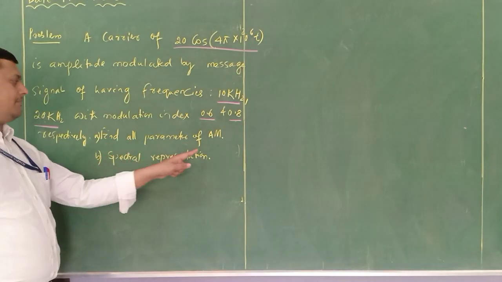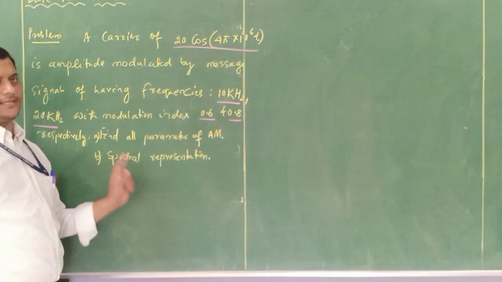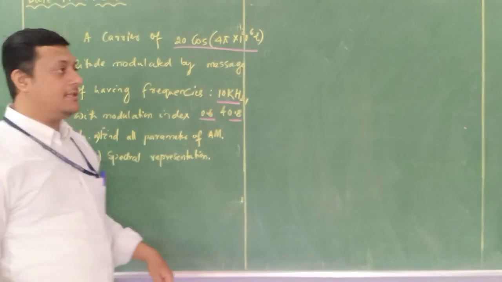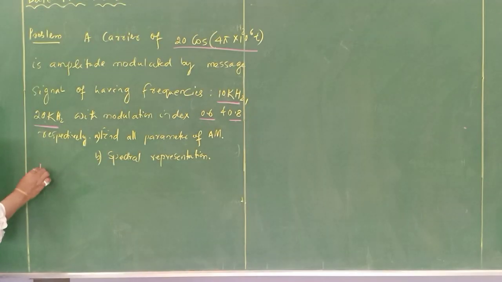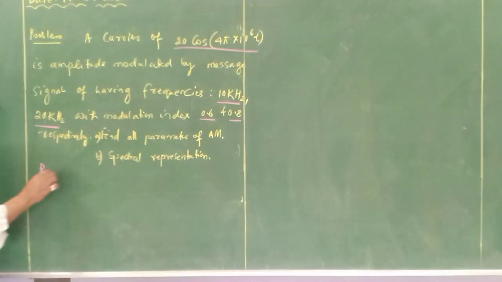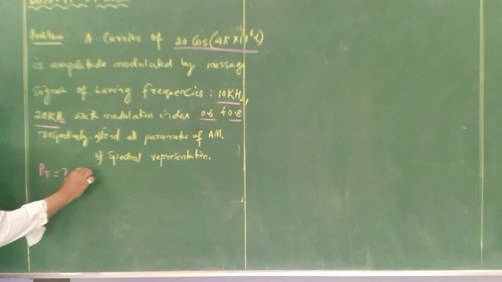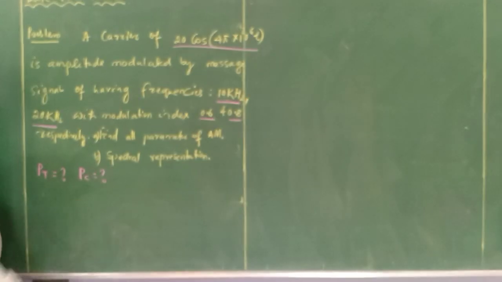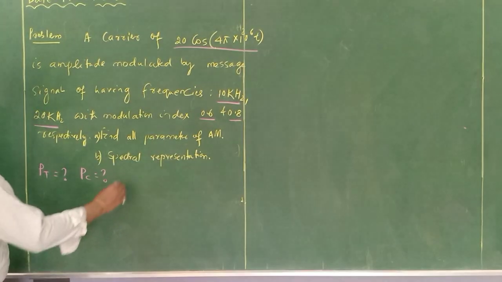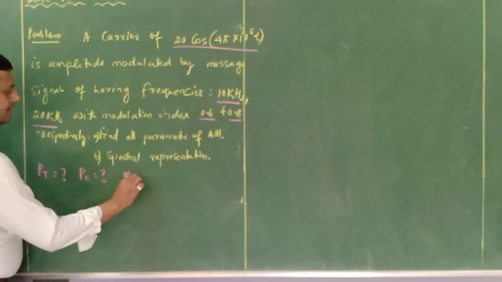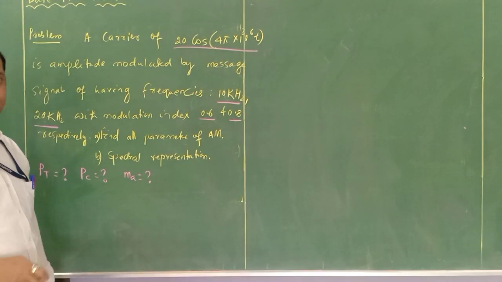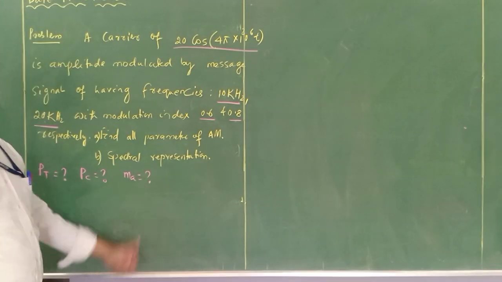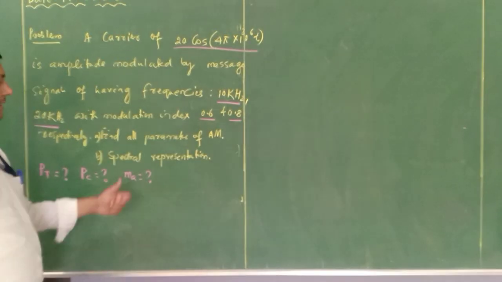Find all the parameters of AM and the spectral representation. Now, all the parameters of AM means what? You have to calculate transmitted power. You have to calculate carrier power. Then you have to calculate the net modulation index, because here there are two different modulation indices.